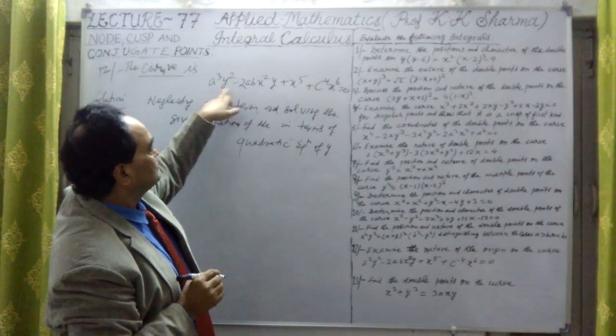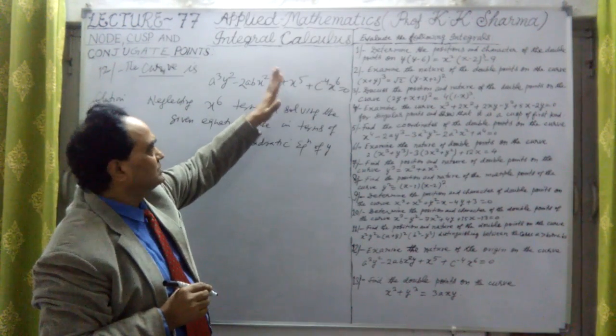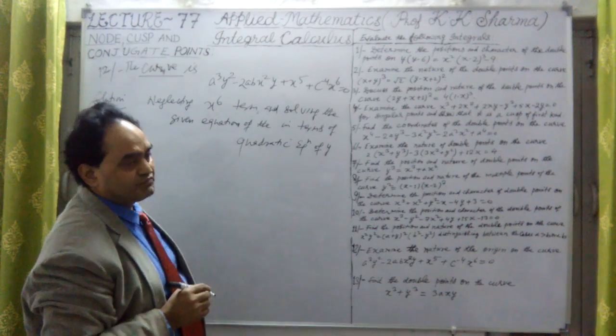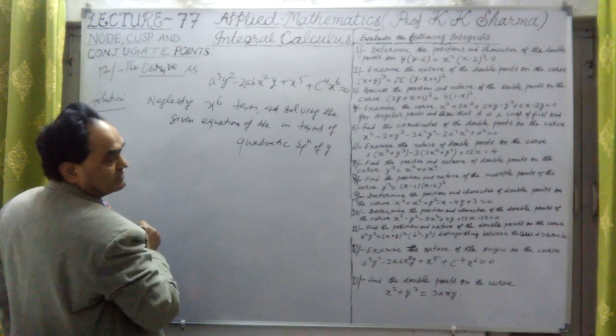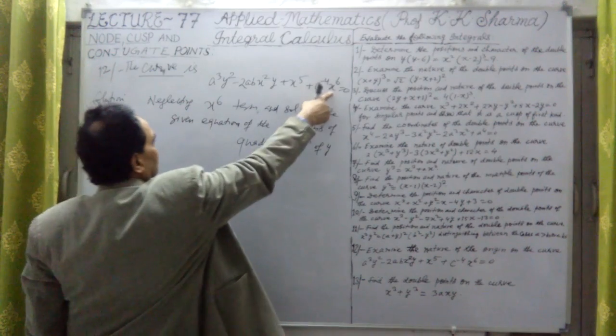This is the y² term, and this is the x⁵ constant that we take. In terms of y, we have taken this as a quadratic equation and neglected this term.